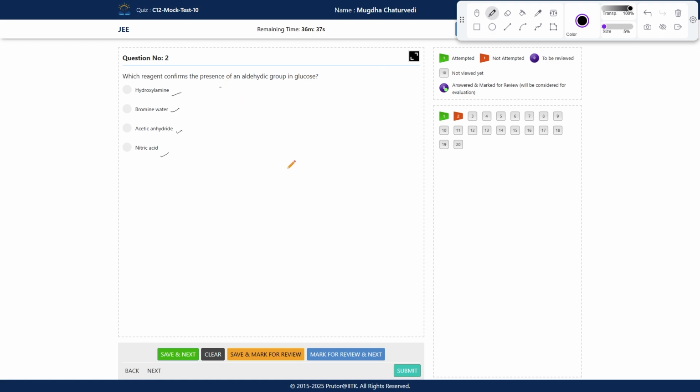First, we will see the reaction of glucose with each one of them. Here we have glucose, CHOH4, and here we have CH2OH.